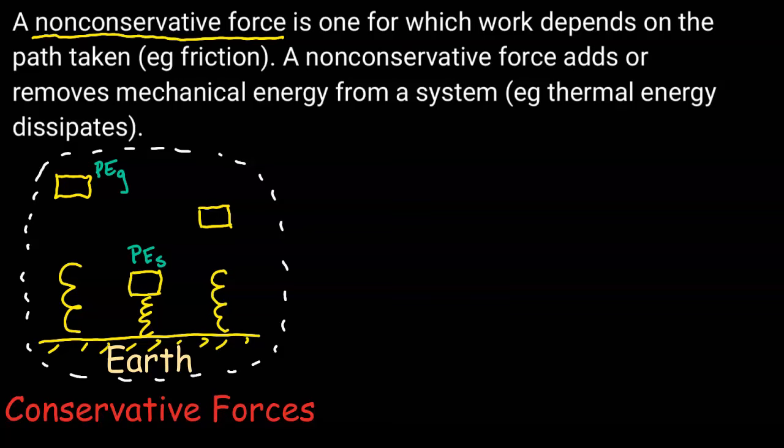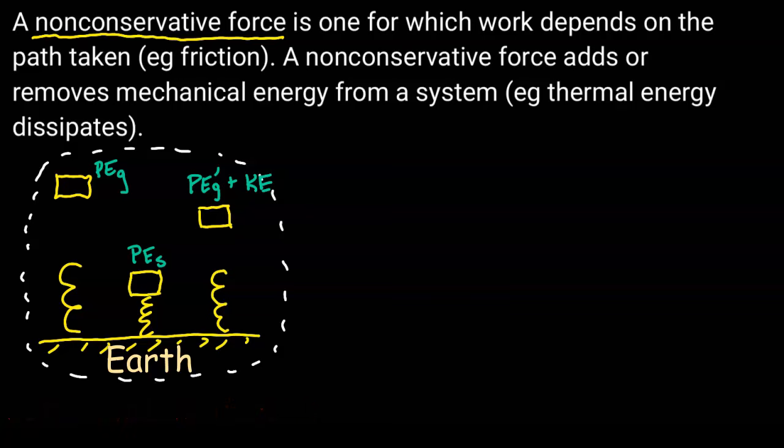Then when it bounces back up, it has both gravitational potential energy, not as much as before, so I'll put a little prime there, plus KE, so it also has some kinetic energy. Now, the potential energy at the beginning is equal to the spring potential energy in the middle, which is equal to the potential energy plus the kinetic energy in the last situation here.